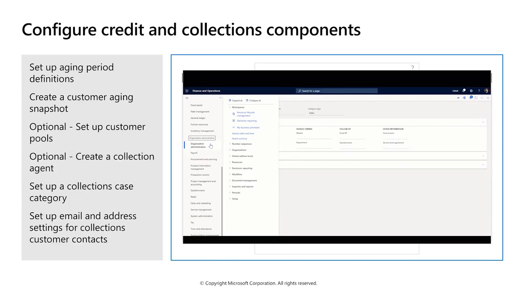One important configuration on collection management is to set up aging period definition. We can use the aging period definition page to analyze the maturity of the customer account and the vendor account based on the date that we enter.